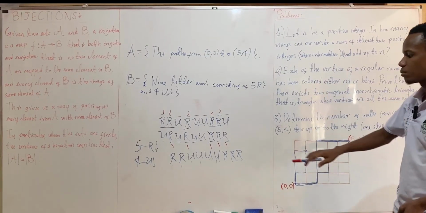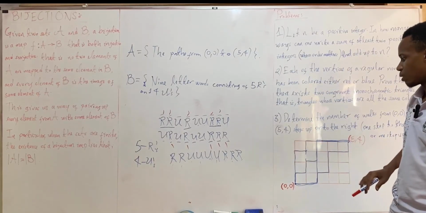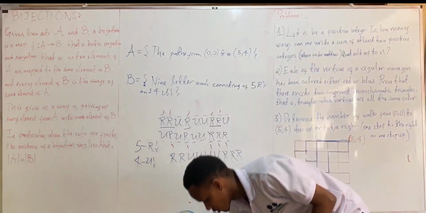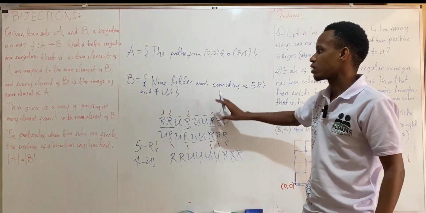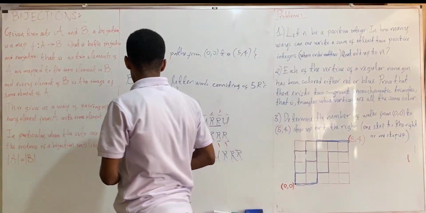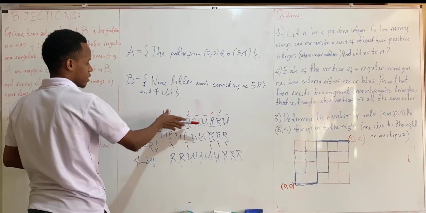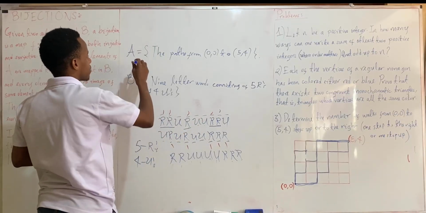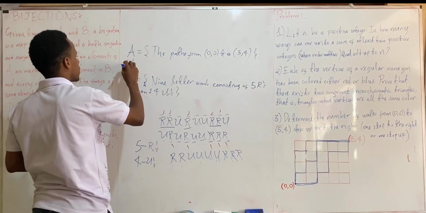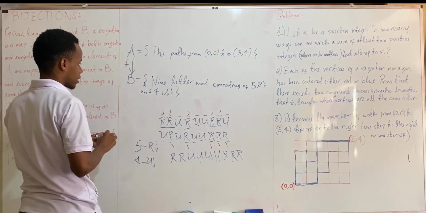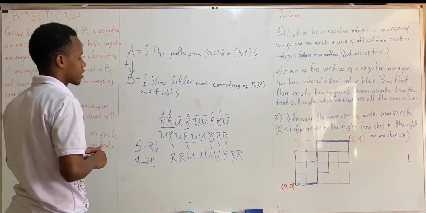So this is an image of a valid path as described by the problem conditions. So in this case, by the way we have defined these letters, we have managed to find a function, a bijective function in fact, from the set A to the set B.